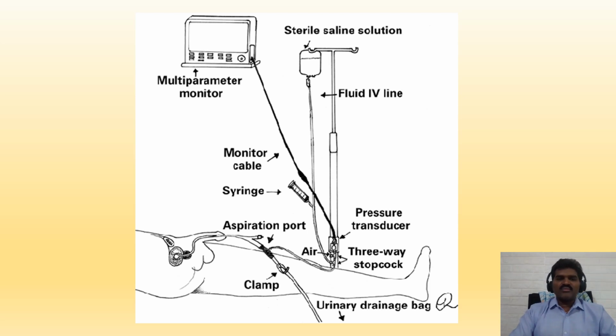Once it is clamped, you inject 25 cc of saline into the bladder, and the pressure is measured either through a sphygmomanometer connected here or the transducer connected to the multiparameter monitor, which can detect the pressure. Just like how you measure your intra-arterial pressure, you can measure intravesical pressure using a Foley's catheter.